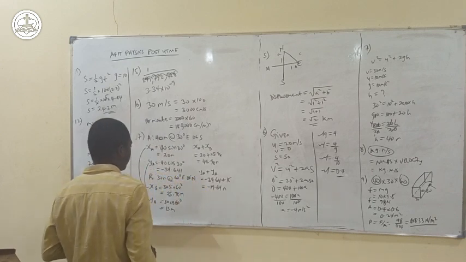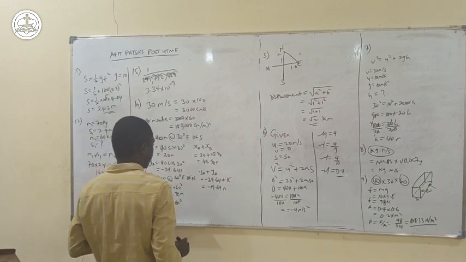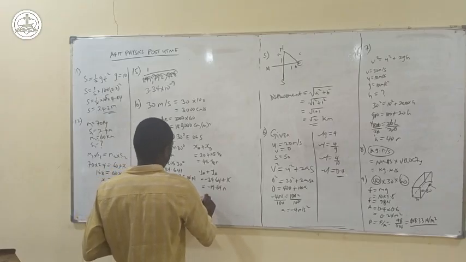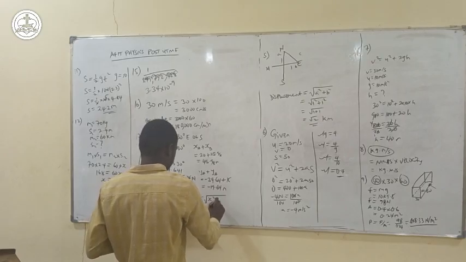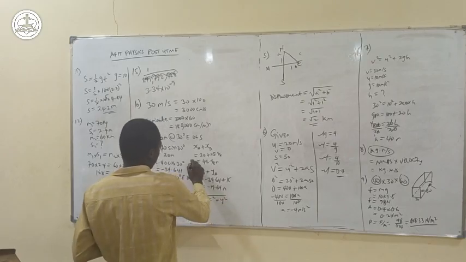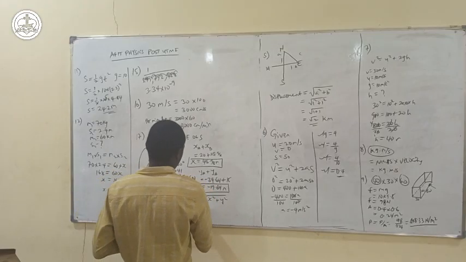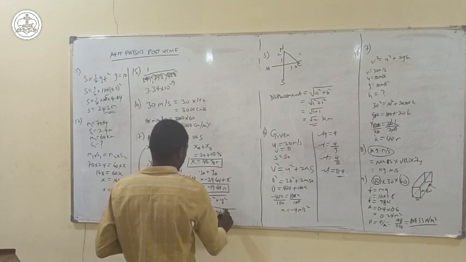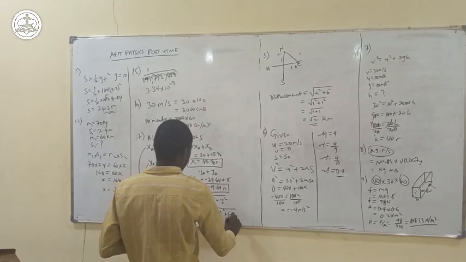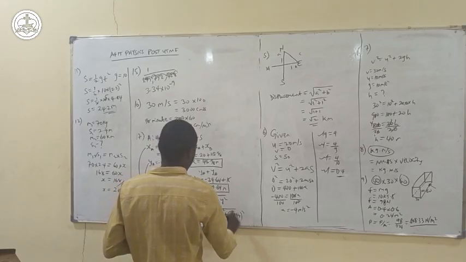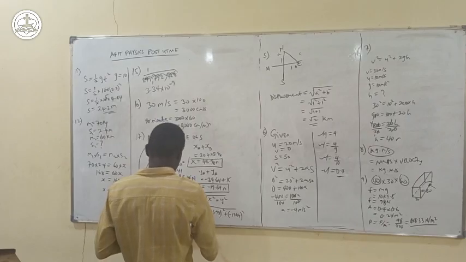Remember, they asked us to find the resultant displacement. So r is equal to the square root of x squared plus y squared, which is the square root of 45.98 squared plus minus 19.64 squared.